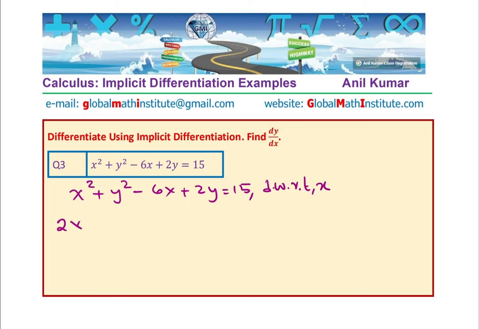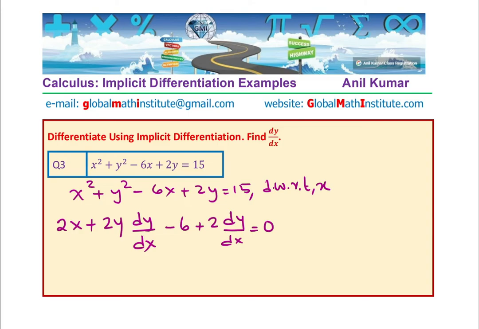We get 2x plus 2y dy/dx, right? Minus 6 plus 2 dy/dx, correct? Equals 0. The constant's derivative is 0. Now, you have two terms where dy/dx is there and the other two terms where dy/dx is not there.